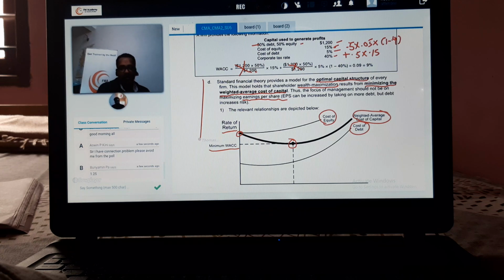There were tests and interviews. These big four, PwC, EY, Deloitte, KPMG, they conduct tests. They ensure that the people know all these basics.